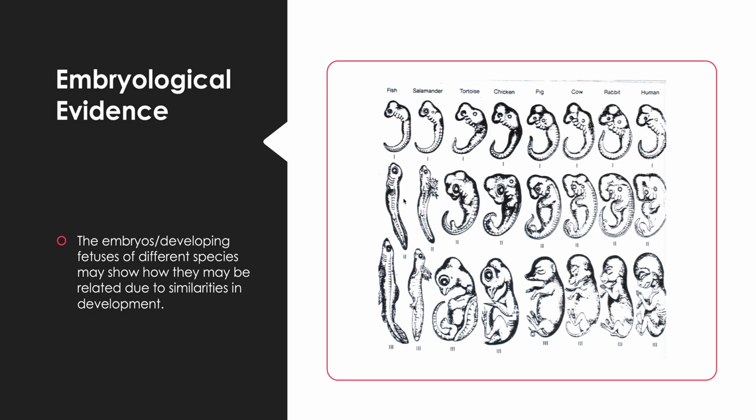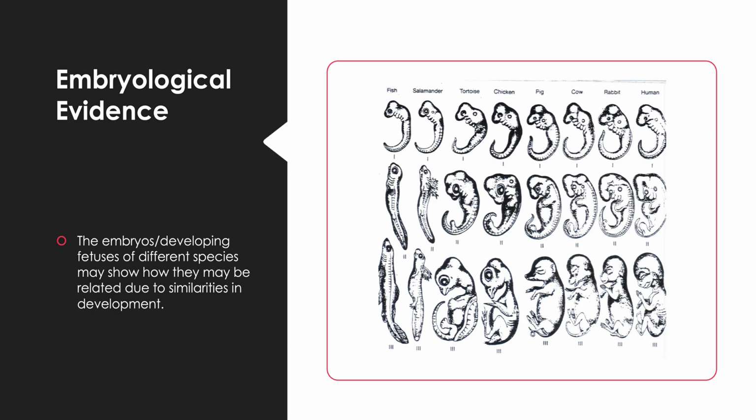As they continue to grow, though, they start to show more of their differences. There's still quite a few similarities here. As you can see, the rabbit and the human still look very similar, and the cow and the pig, right? And then the further related they are, the further differences you see in the fetus in the final stage.